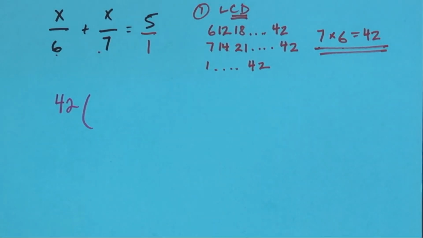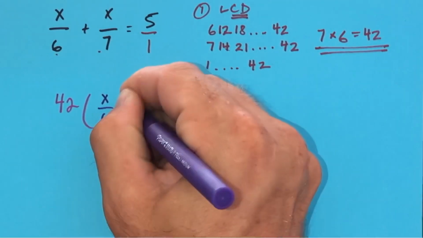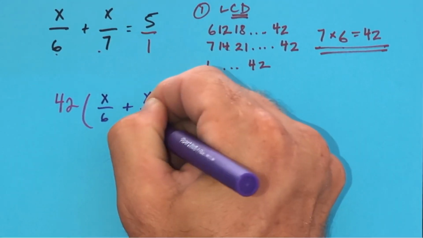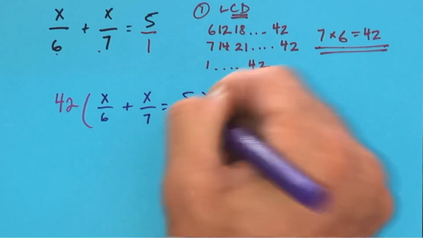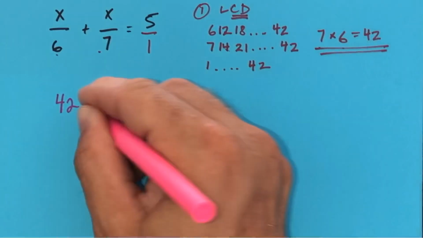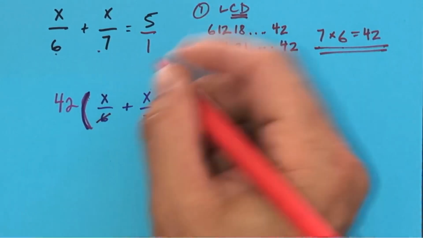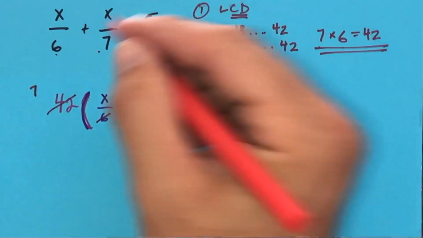Let's fill this in and we'll do a little rewrite. And we'll go x plus 6 plus x plus 7 is equal to my 5 over 1. And I just like kind of showing you guys this big number here. I'll make these parentheses the same color. We'll do pink and purple, right? And I'm going to cancel out 6. We know 6 goes into 42 7 times.